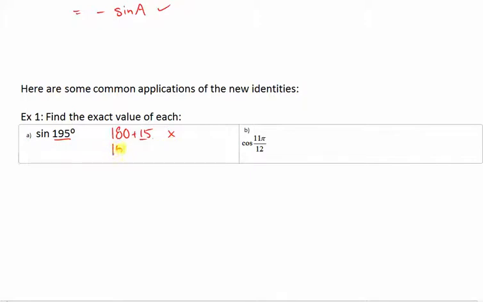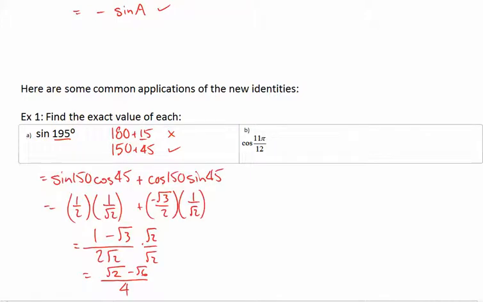I could call this 150 plus 45. 150 has a reference angle of 30, therefore it's special and we know its ratio, so does 45. This could work. There are often multiple examples. You may want to think about another one and see if you can find it. Use the identity above and see now if you can rewrite sine of 195 and then rejoin me.